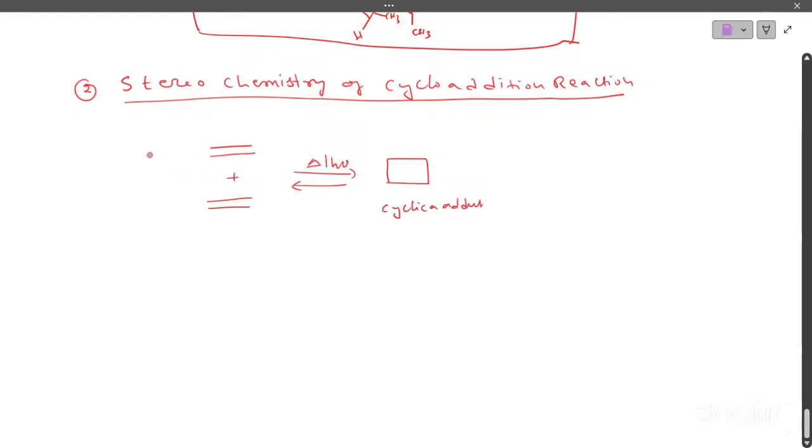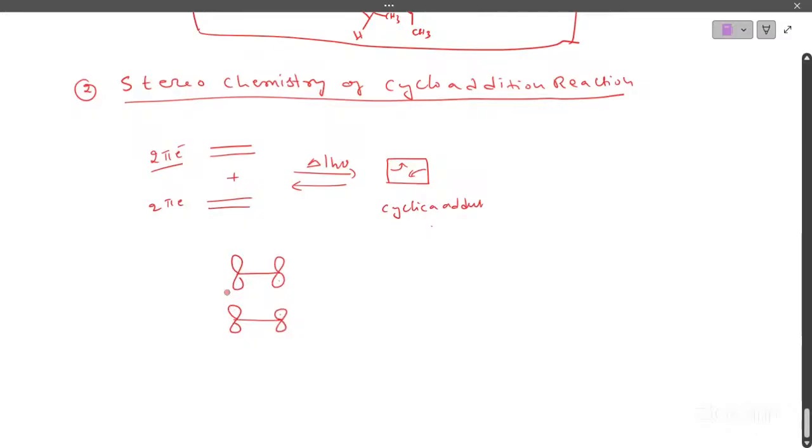Here in this reaction, two pi-electron systems are undergoing a conjugate addition that leads to an adduct, or in reverse it is dissociated into two pi molecules. That is cycloaddition, cycloreversion. Right. For example, you can take the orbital structures of pi systems.